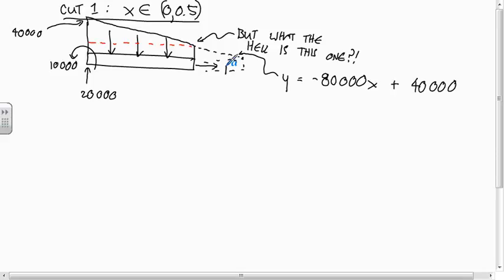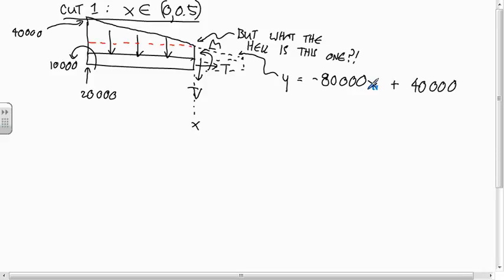I didn't finish all these, so remember that we have these internal loads to deal with. But okay, so what that says is if the function is y equals negative 80,000 x plus 40,000, and this point here is represented by the variable x, then what's the value at this point? Well, it's just the function. Okay?